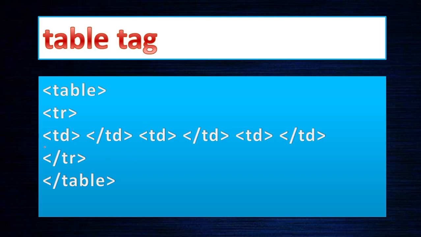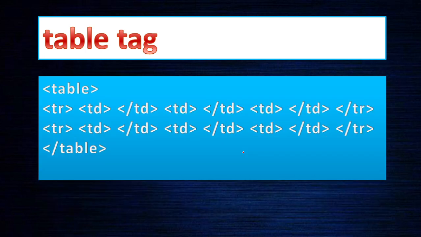Now this is the first column, the second column, the third column, so this table has 3 columns. Now if you want one more row, the first row is over, and it looks something like this. So this table has 2 rows, this is TR 1 and this is 2.